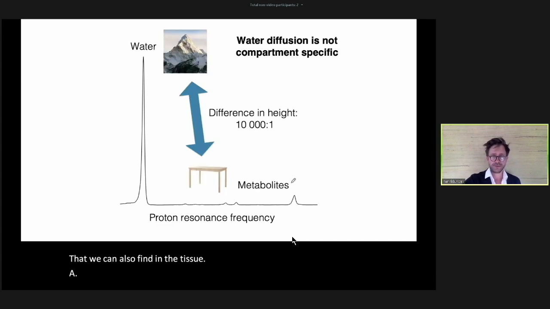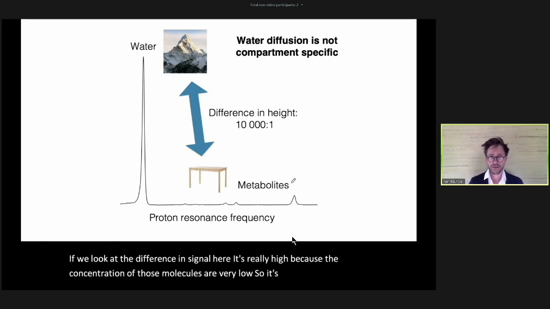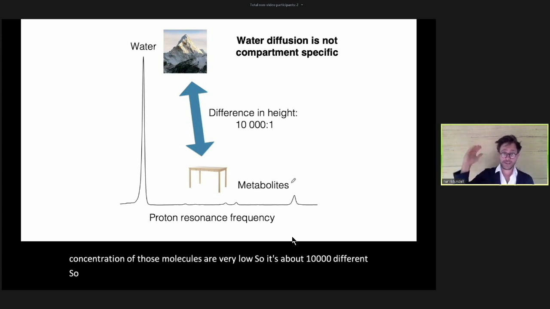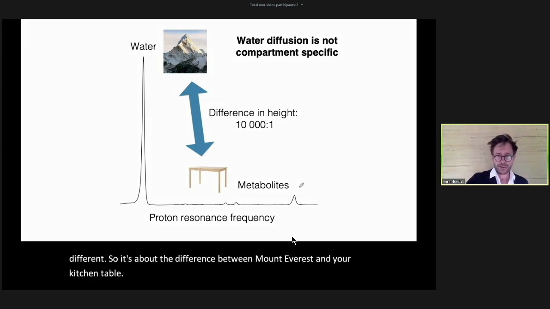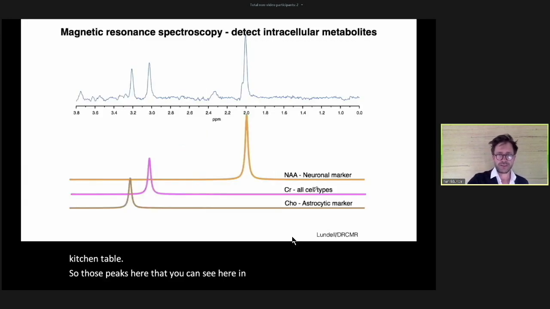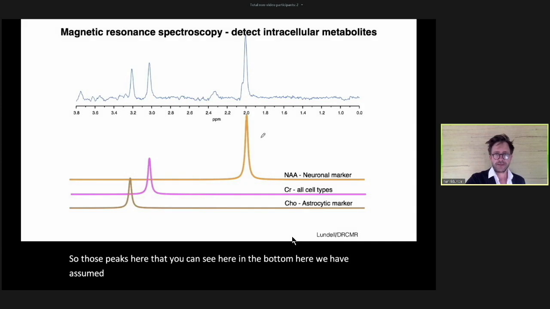If we look at the difference in signal, it's really, really high because the concentration of those molecules is very low. It's about a 10,000 difference, about the difference between Mount Everest and your kitchen table. Those peaks, here we have a zoomed-in version of it, correspond to different metabolites.